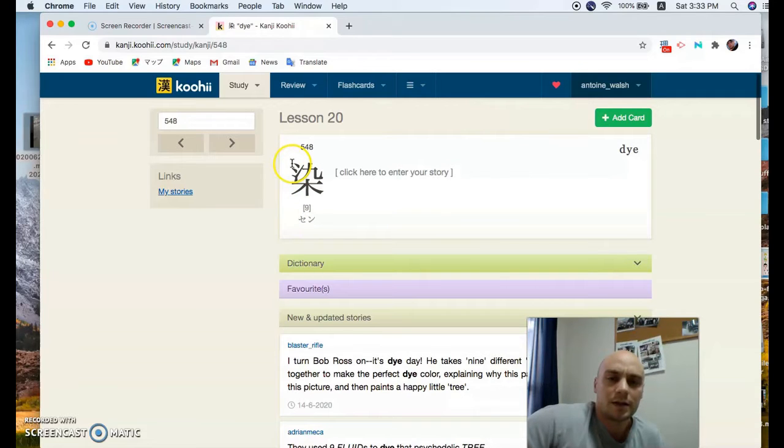So what this system does is you take the radicals and give them certain nicknames. For example, here this is water. This is the number 9. That's the actual character for 9. And this is tree. That's the actual character for tree.